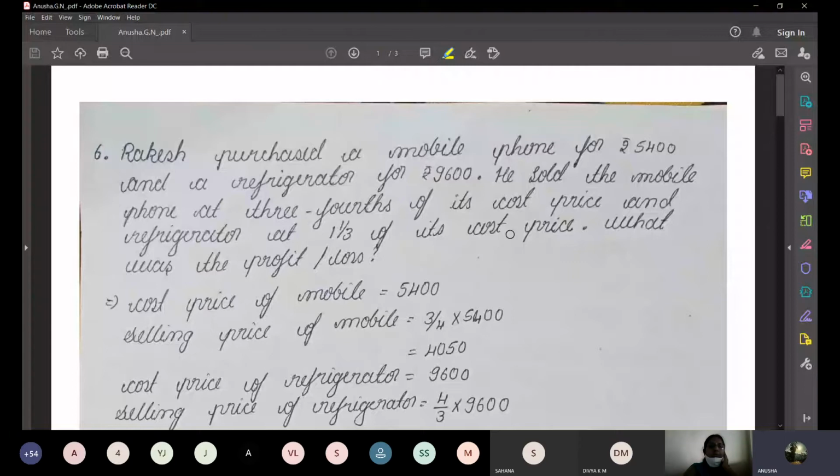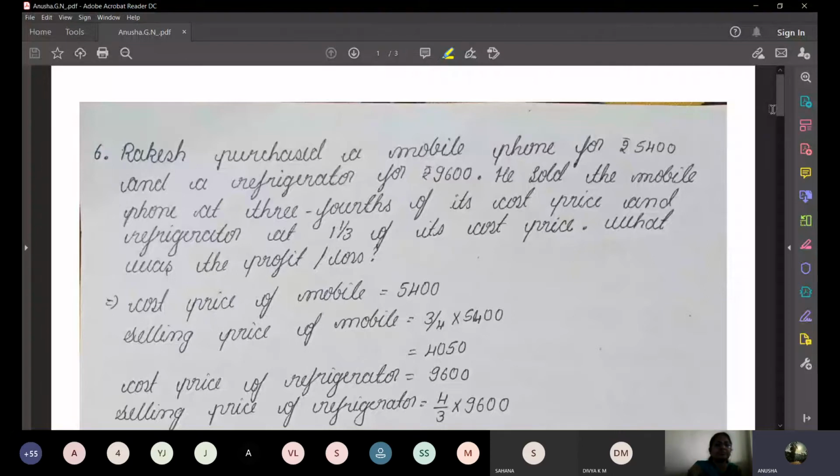Try to understand the problem. He is going to purchase two items, a mobile for 5,400 and a refrigerator for 9,600. He purchased the mobile phone for rupees 5,400 and sells it at three-fourths of the cost price.